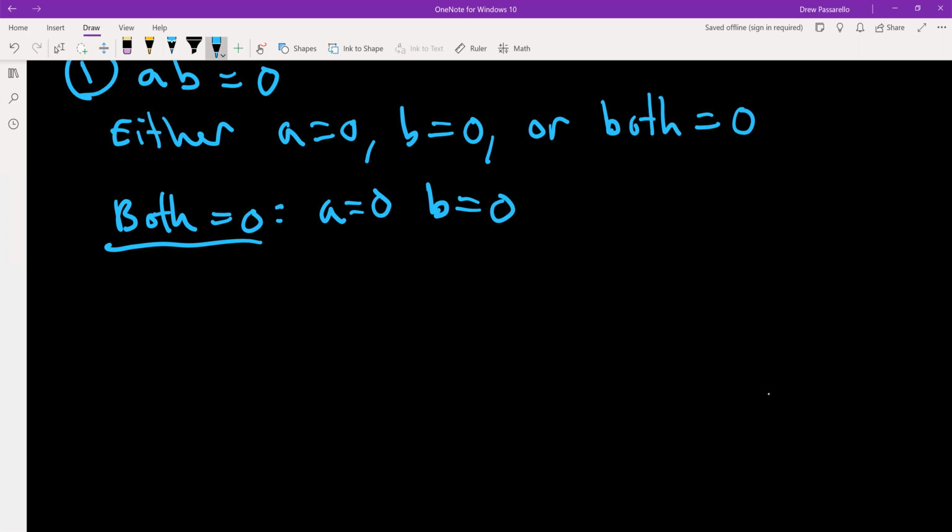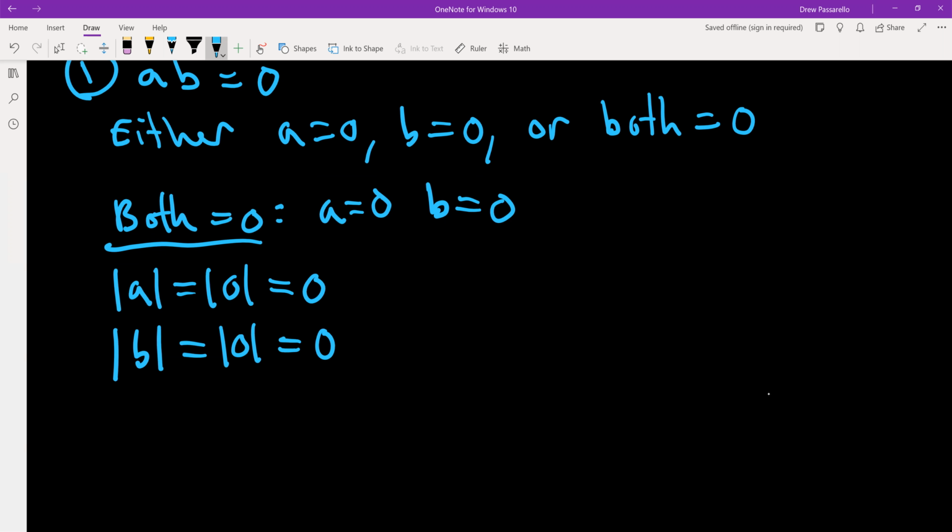So obviously, the absolute value of a is equal to the absolute value of 0, which is 0, and the same thing for b. And so also when you do a plus b, absolute value, that's equal to 0 plus 0, which we know is 0.